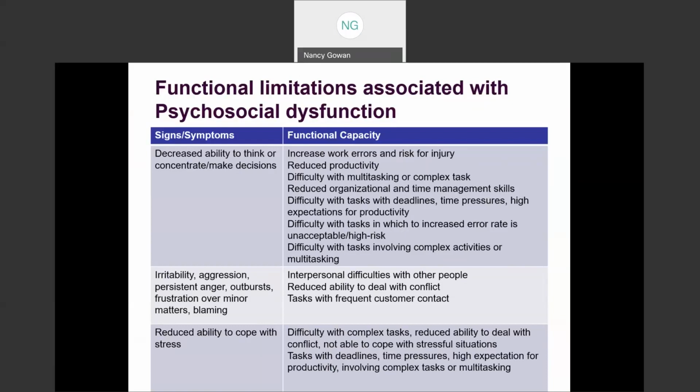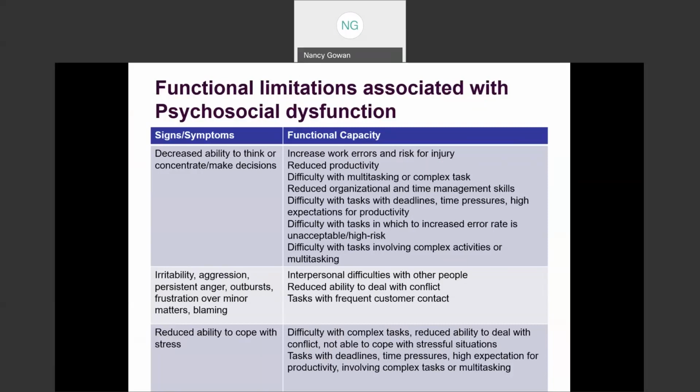One is irritable, aggressive, has bursts of anger, or is frustrated over minor matters, maybe blaming. That may lead to workplace functional difficulties such as interpersonal difficulties, reduced ability to deal with conflict, or difficulty with tasks with frequent customer contact.